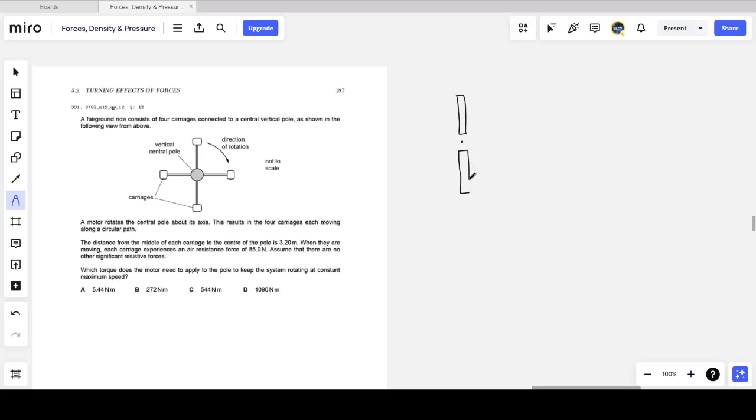These 2 rods are vertical, and there's going to be an air resistance which the motor has to overcome. So we'll call the force which balances the air resistance FR, and it's 85 newtons. And on the lower arm, guess what? There's another FR, also 85 newtons. But we also have two more rods.